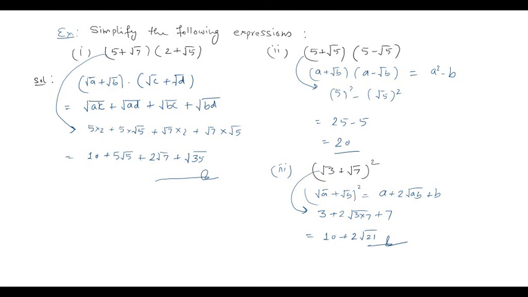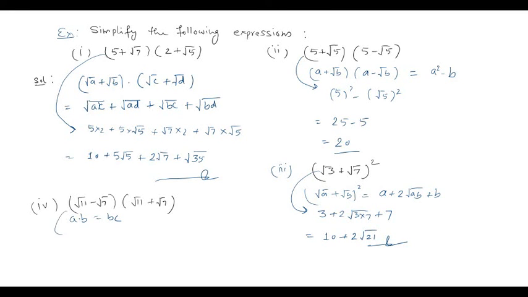So next one is square root of 11 minus square root of 7 times square root of 11 plus square root of 7. Here first we can apply the commutative law. What does the commutative law say? It says a times b equals b times a.